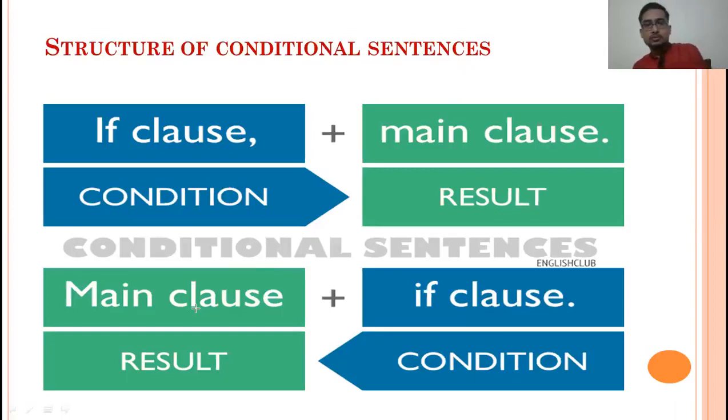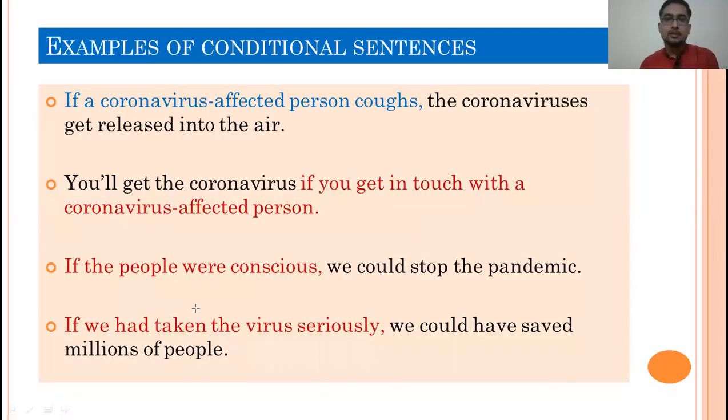So basic things are, you must have an if clause and principal clause. With if clause you will have condition, and if the certain condition is fulfilled, a certain kind of result will come. Let us go to the next slide.